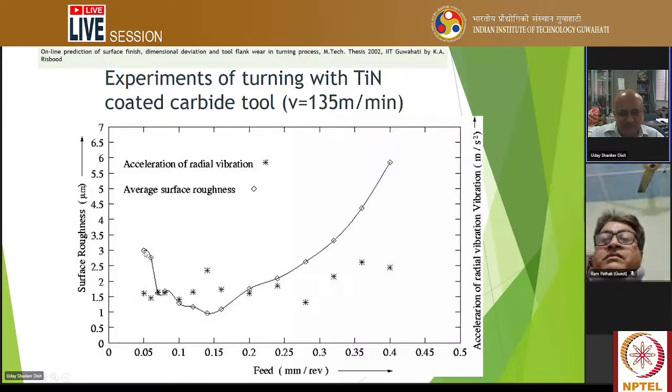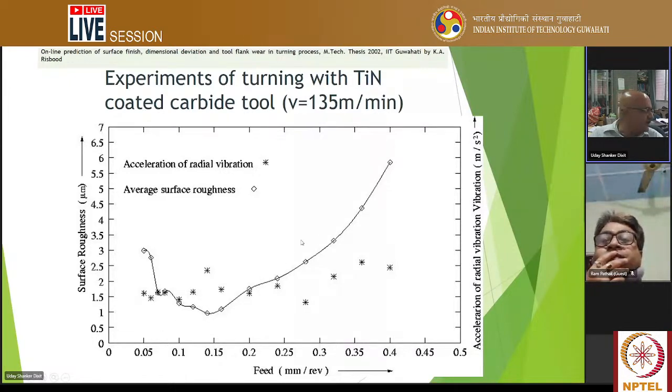You see that when my feed was very small, 0.05, then my surface roughness was high, and with feed it started decreasing. Actually, the prediction by formula is that with feed it should increase, but here it is decreasing.